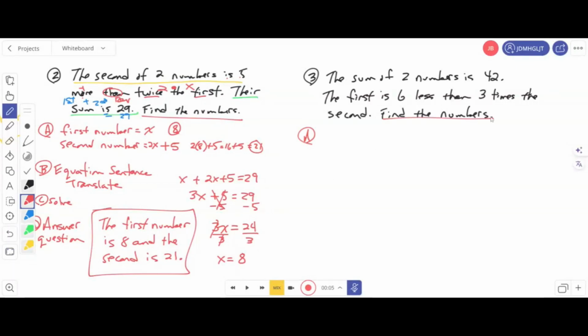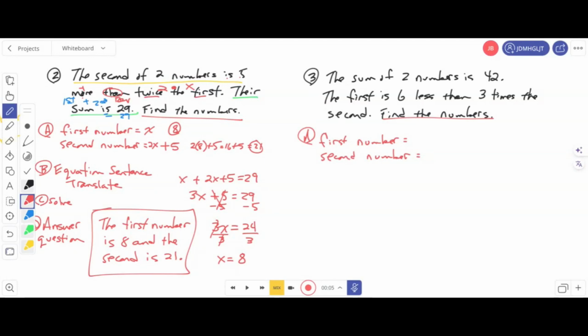They're telling us to find numbers. There are two numbers that we're finding, and they have labeled them first and second. I would like to have a sentence that says the first number is something, and a sentence that says the second number is something.